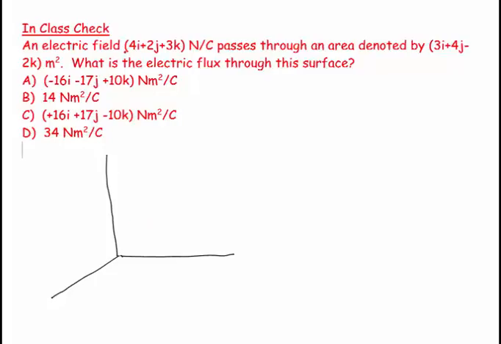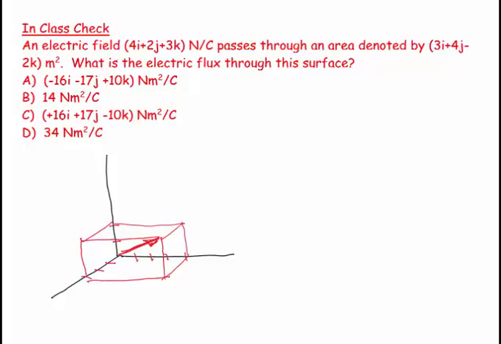Our electric field is 4I, so I can imagine taking 4 steps along the I, then 2 steps up the J, and then 3 positive steps along the K, and I can imagine an arrow coming out from the origin to that point there.